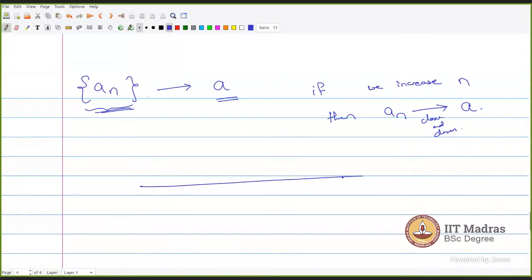Okay, that means if my first number A1 is here, A2 is somewhere here, A3 is somewhere here, A4 is somewhere here, A5 is somewhere like this. If A6, A7, A8, and there is a bigger value, so A20, A2000, A2 lakhs.